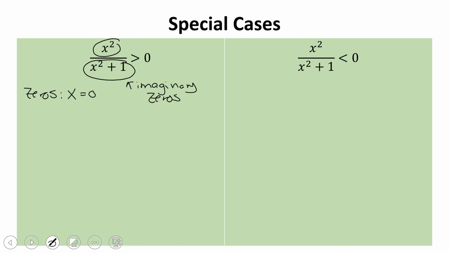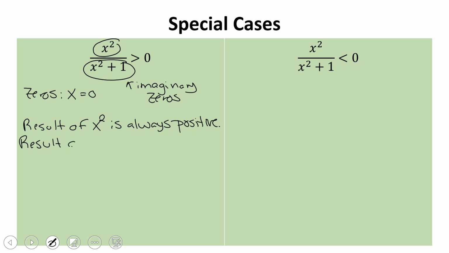So I can try to do a number line, but something really interesting is going to happen. You can actually reason through this without the number line. If you think about the fact that the result of squaring anything is always positive. Okay. And then let's look at the denominator.